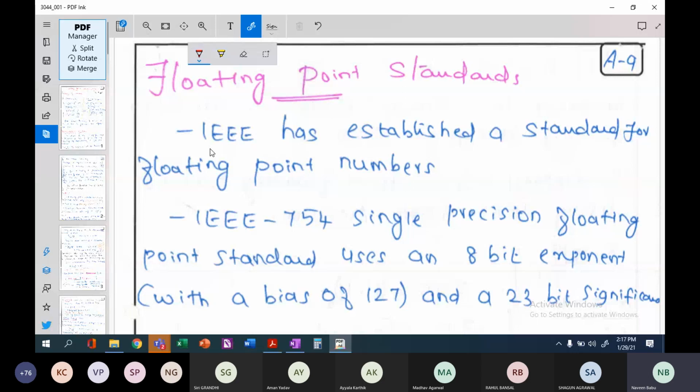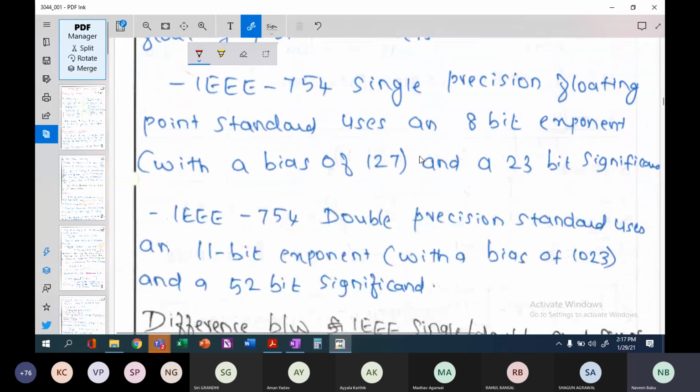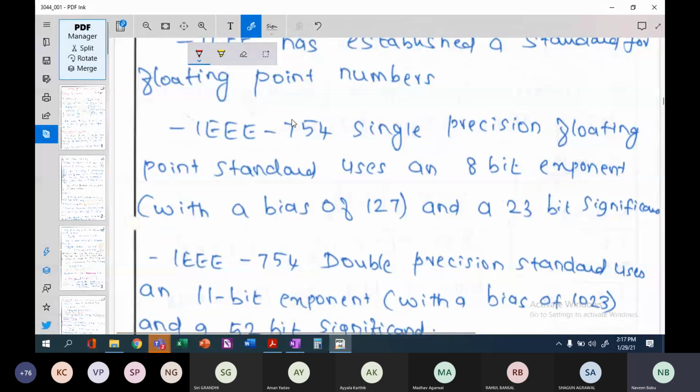The abbreviation IEEE stands for Institute of Electrical and Electronics Engineers. They created a standard named IEEE 754 standard.